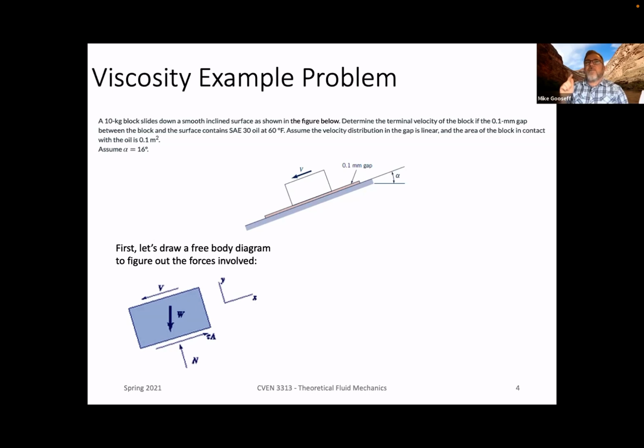Okay, so the viscosity is really a property that tells us, if you've got your molecules of this fluid in contact with the bottom of the block, how sticky are those?